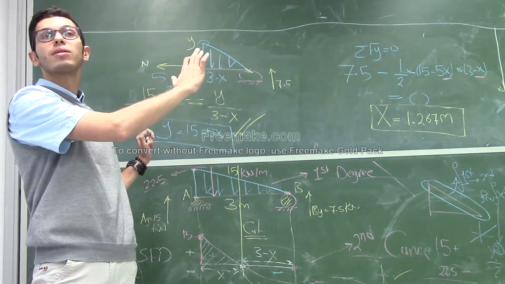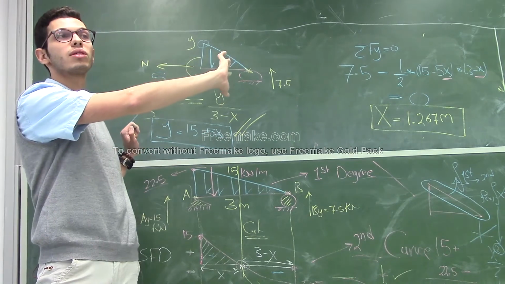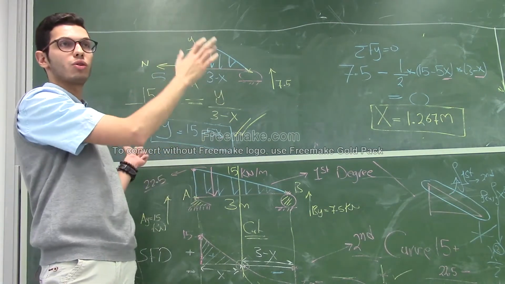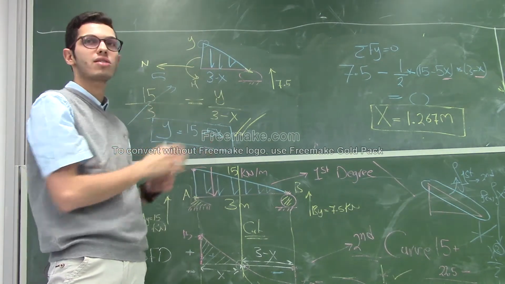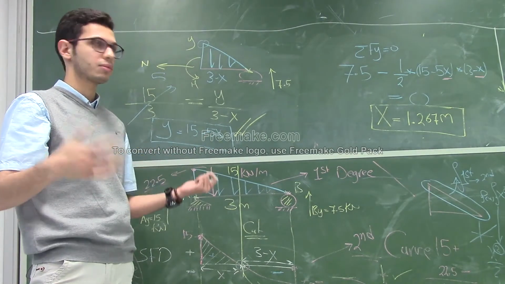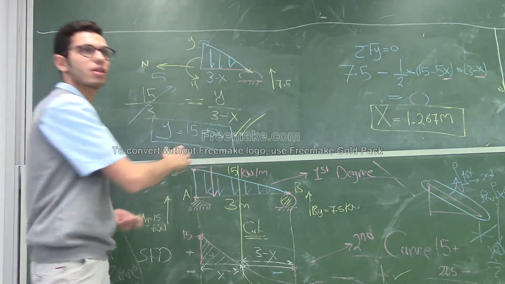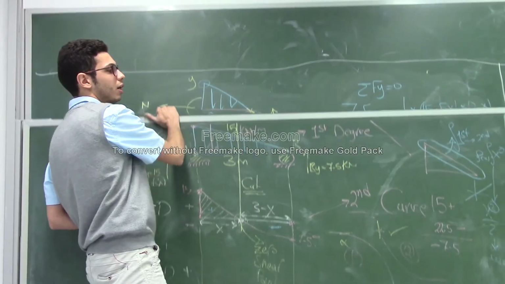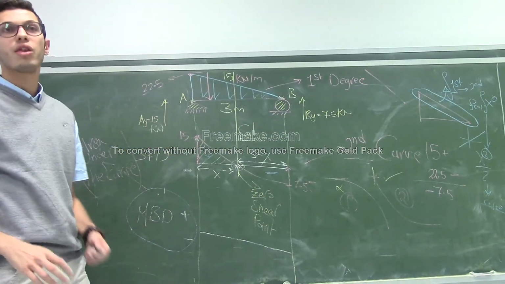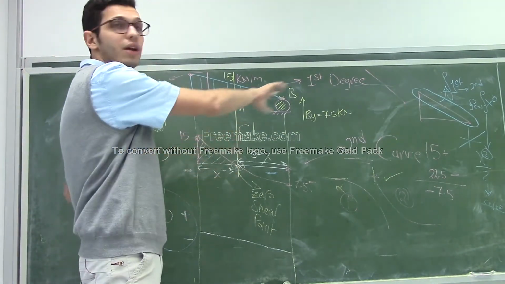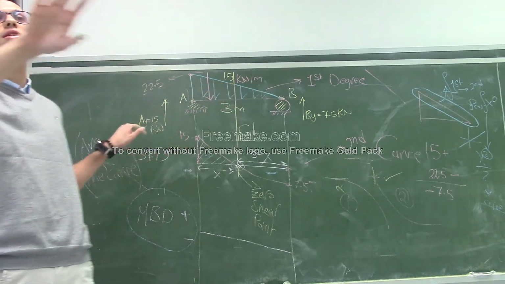Up to this point, any questions? Do you understand how we can find the x value? Let's make a quick revision of the steps. The first step was to find the reactions, and it's an easy step for all of you.